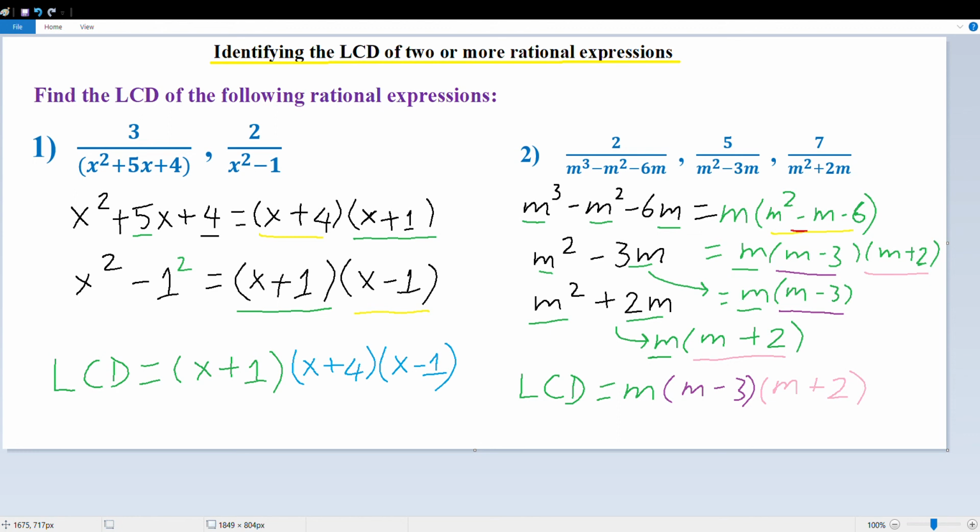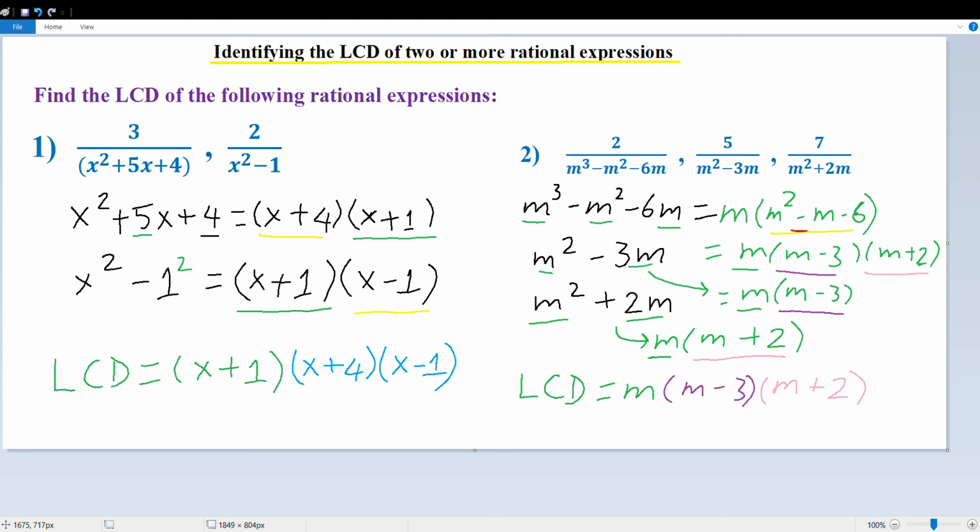So basically what we did is we rewrote the denominators of the given rational expressions, and then we factored those denominators out. We looked for the common factors among the denominators, and then we multiplied those common factors with the remaining factors.